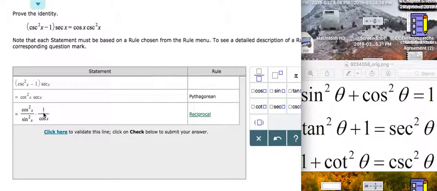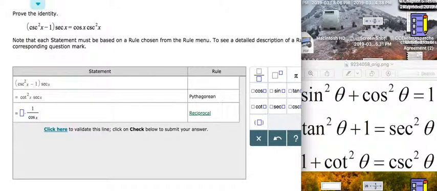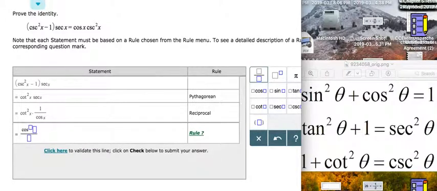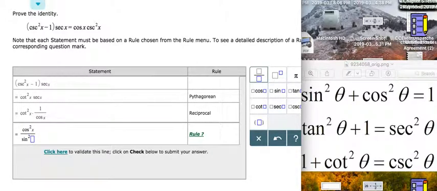So same thing with cotangent. There's a reciprocal, so I use the reciprocal rule, you could say. It's probably because I did 2 things at once here. Let's bring this back to cotangent squared x. Yeah, so we have to do it 1 at a time because Alex doesn't like it if you try to do 2 at a time. Cosine squared x, in parentheses, over sine squared x, and then times our 1 over cosine x.